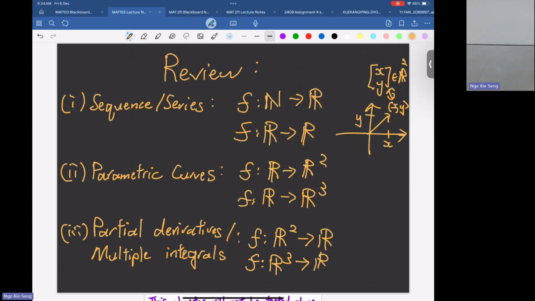I would say that the flow of time is continuous. So when this R changes, your position in R² also changes. If this change is continuous, it will trace out a continuous path. Okay, any question?